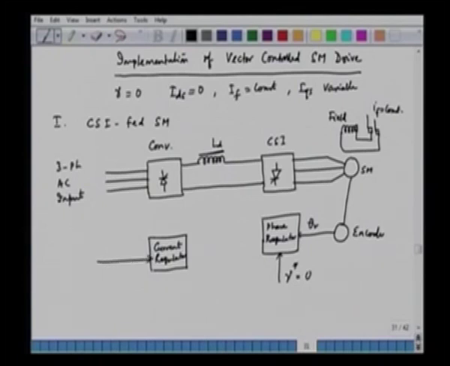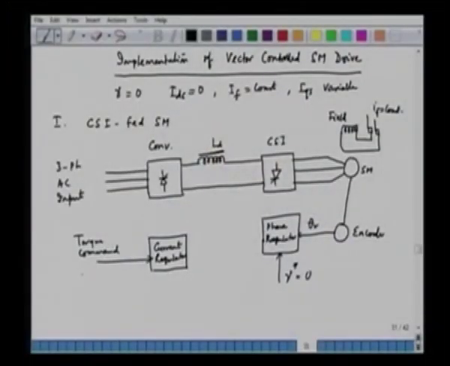And we will give a torque command, and the torque command is same as IQS command, because here IQS is variable. So, we can give a reference IQS. If we change IQS, the torque will automatically change. So, this IQS is same as IS. We can give the command for the stator current through the current regulator, and the current regulator will have a feedback of the DC link current.